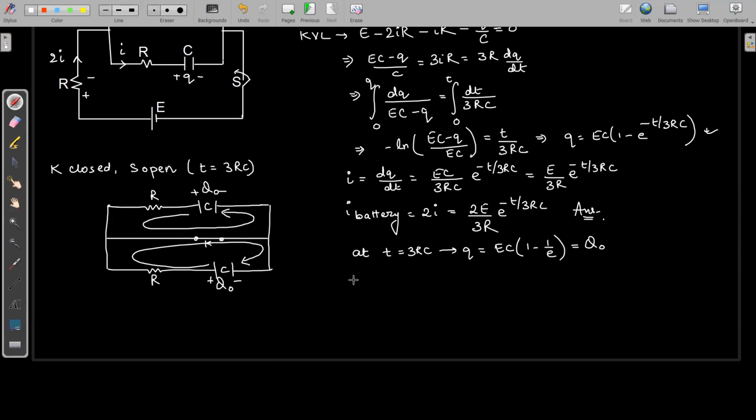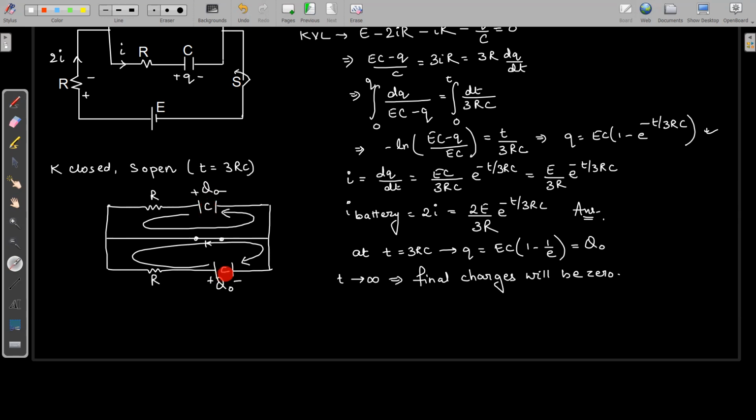Right. So when the steady state is reached, for t tending to infinity after a very long time, the final charges on the capacitors are going to be zero. So what is the initial energy that was present in the capacitor? Simply Q naught square by 2C.